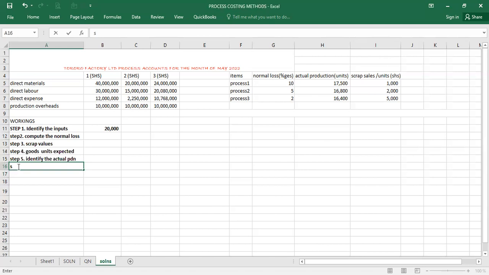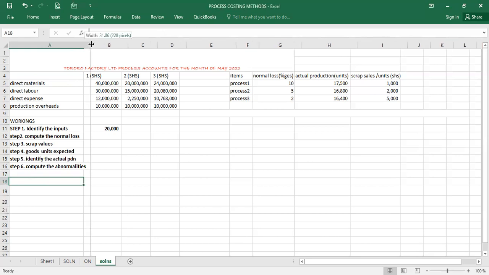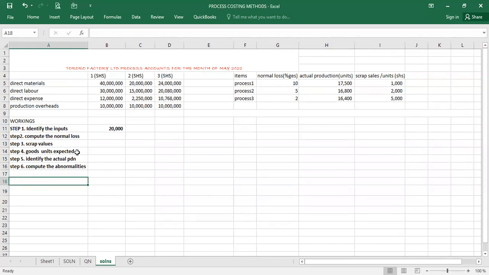And step number 6 is to compute the abnormalities. How do we compute these abnormalities? By getting the good units expected less the actual production. We see whether we are having an abnormal gain or an abnormal loss.